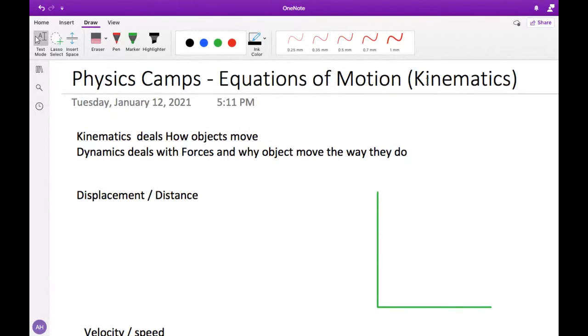Just like how we started yesterday, I want to start with some definitions, and then we can dive into more of the math and physics of what we're going to talk about today.